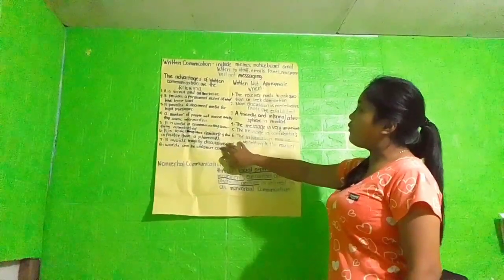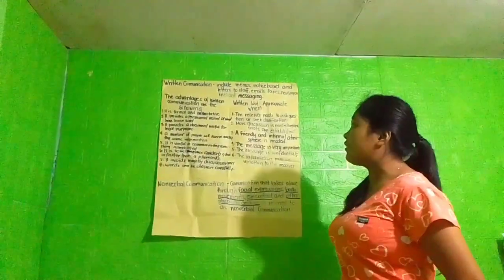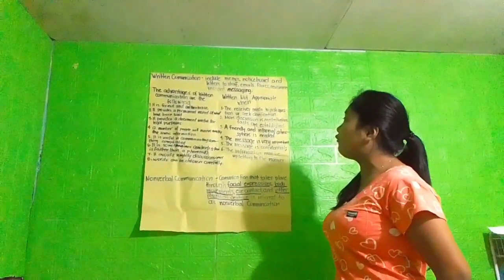advantages of written communication. First, it is formal and authoritative. Second, it provides a permanent record of what has been said. Third, it provides a document useful for legal purposes. Fourth, a number of people will receive exactly the same information.